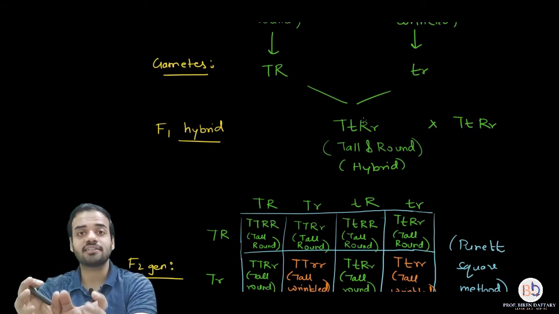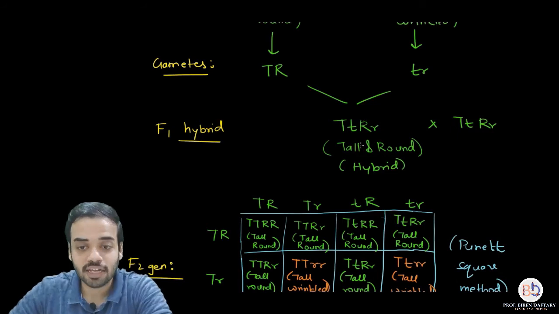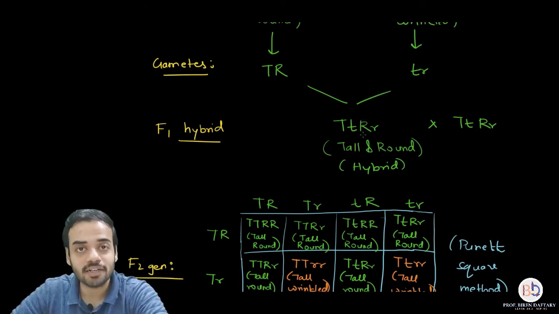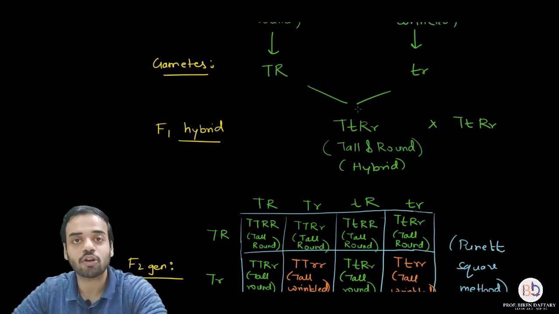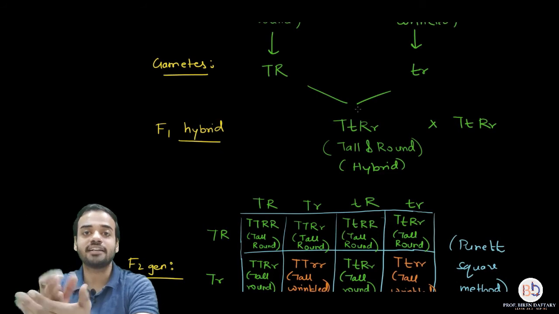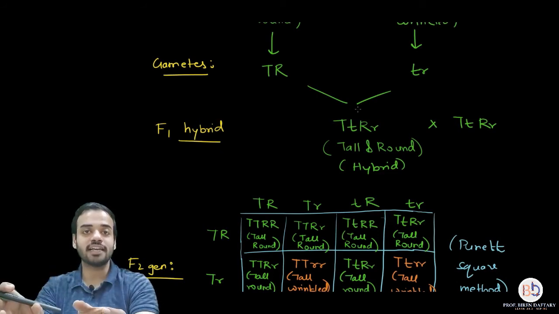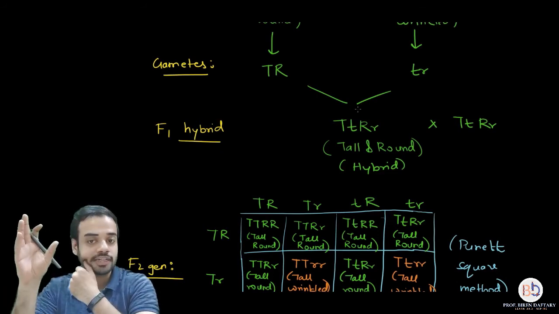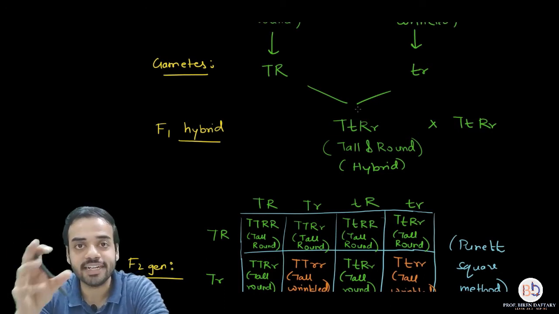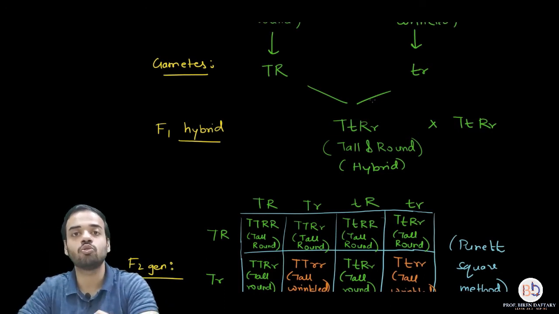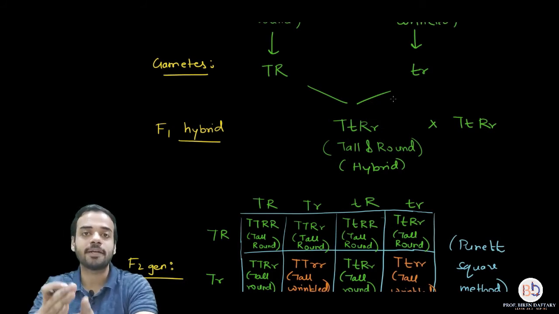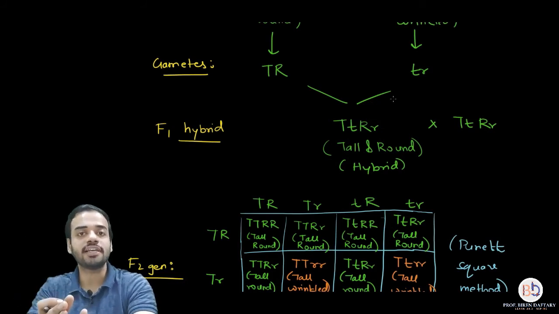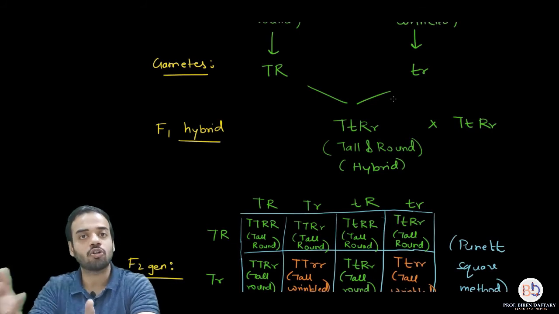Both these characters are separate, and that is why when you form the gametes of the F1 hybrid for capital T, small t, capital R, small r, you got all the possible combinations. That is because the alleles of one character do not control the alleles of the other character. Alleles of the height character, capital T and small t, do not control alleles of the shape of the seed character, which are capital R, small r. So capital T cannot control capital R or small r, and small t cannot control capital R or small r, or vice versa.